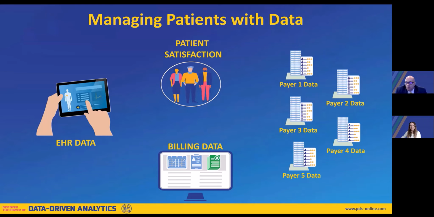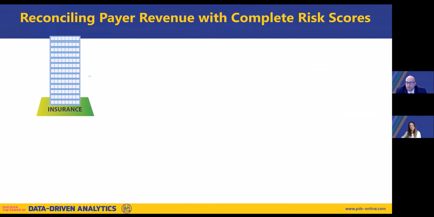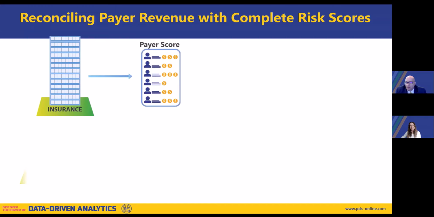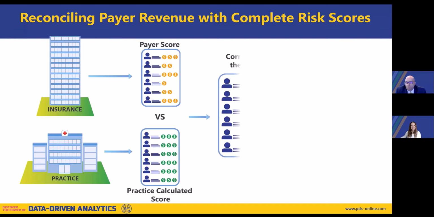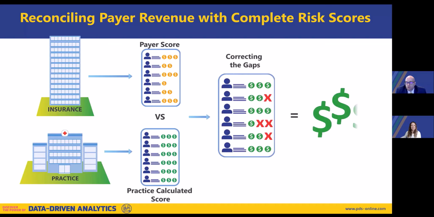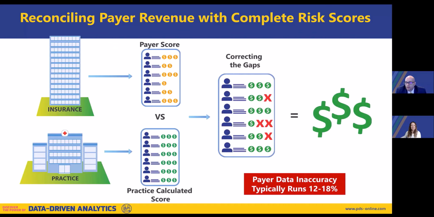So one advantage to bringing in the billing data that we have is that it allows us to be a little bit more proactive in our internal risk scores, where we can go back and reconcile with what the payers are telling us from their data. What we've found with people we've been working with is that payer inaccuracy rates are running in the 12 to 18% range.